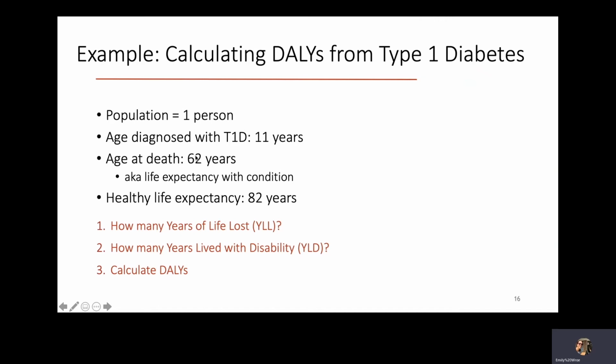So in a simplistic way, this person had 51 years of disability plus 20 years of early death. So they would be 51 plus 20 is 71 DALYs. That doesn't take into account the disability weight, but you get the idea that it's trying to incorporate the morbidity, the illness or disability, and the mortality.